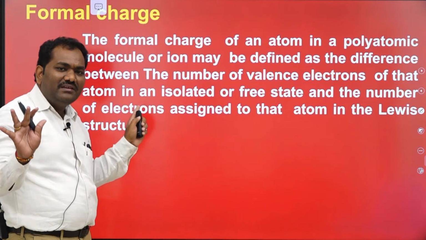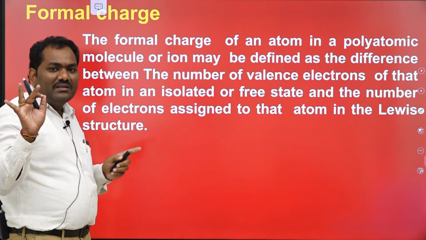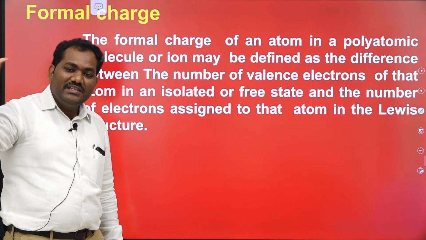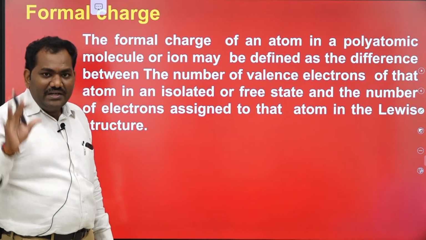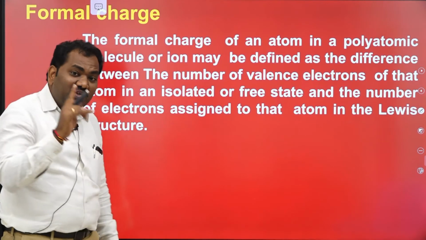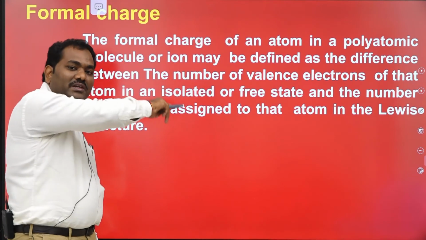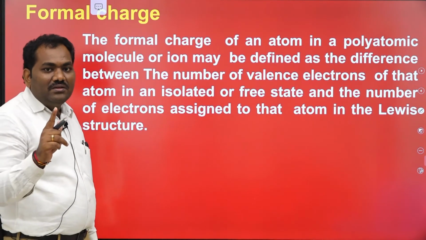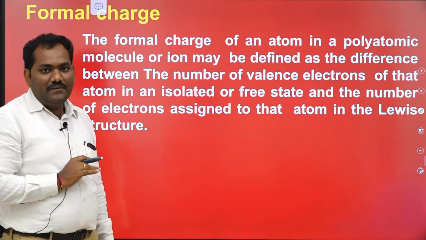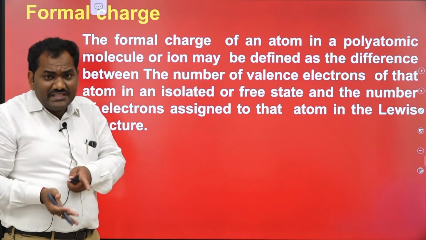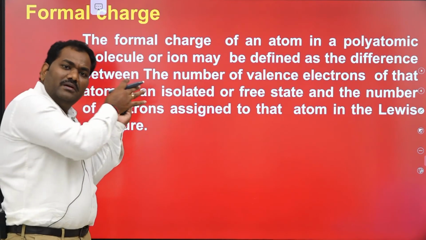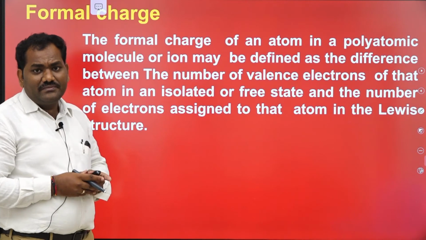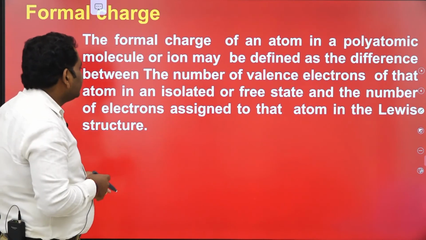It is simply the difference between the number of valence electrons in the free state and the number of electrons assigned in the molecule. It may be increased or decreased compared to the electrons in the free state.